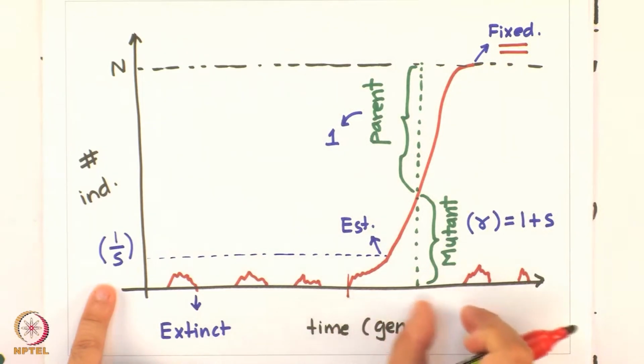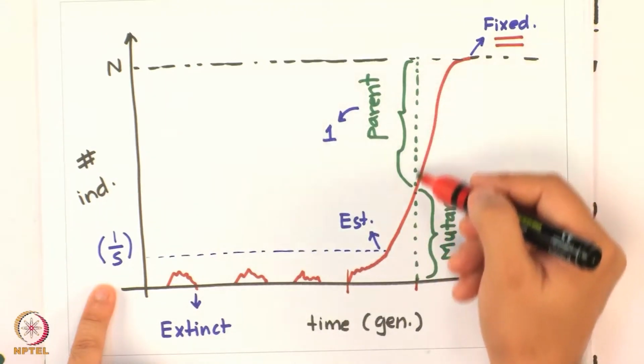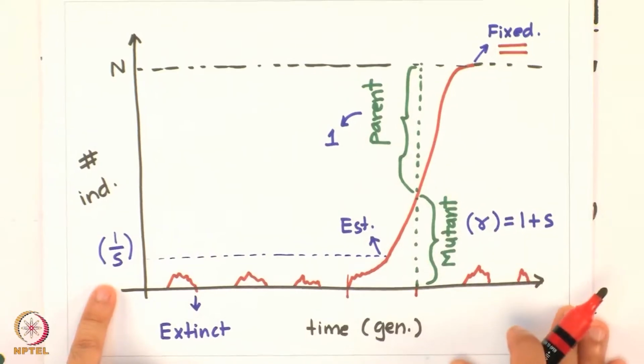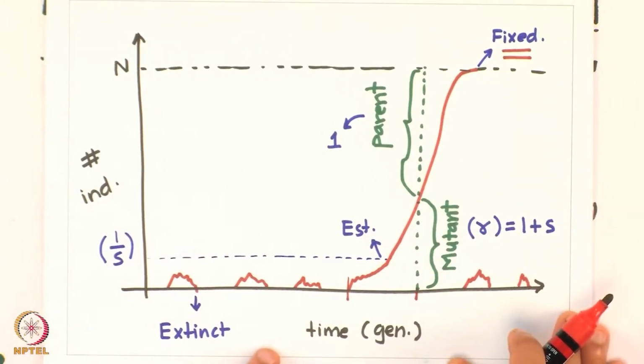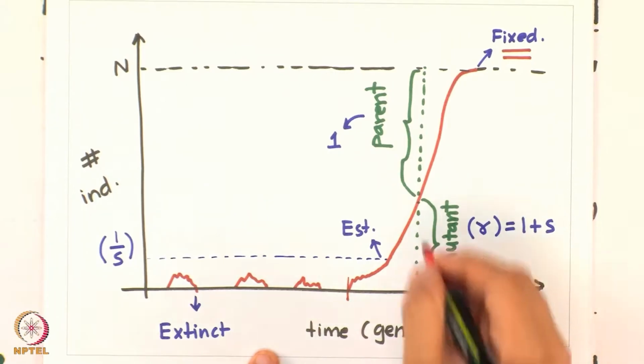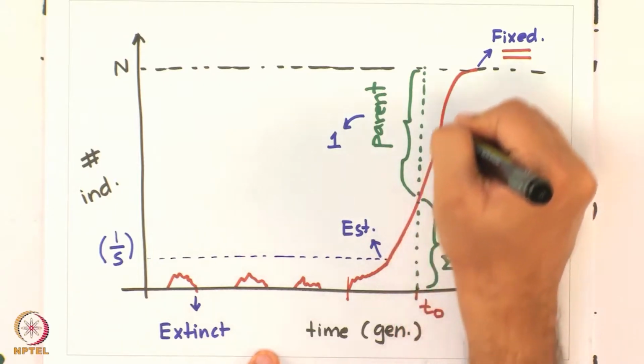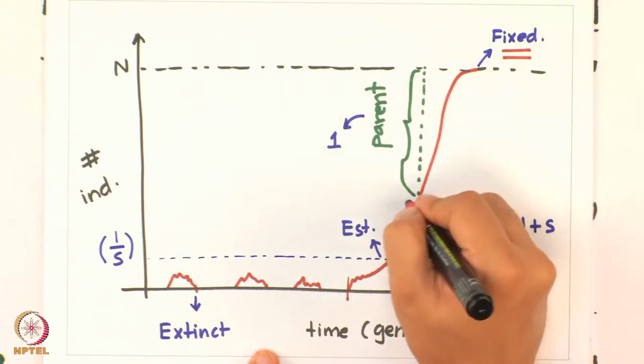At any particular time during the process, if I draw a vertical line here, that gives me the composition of the individuals of the population at that time in the environment. So at this time t naught, if I draw the line, it intersects the curve associated with the mutant population at this point.